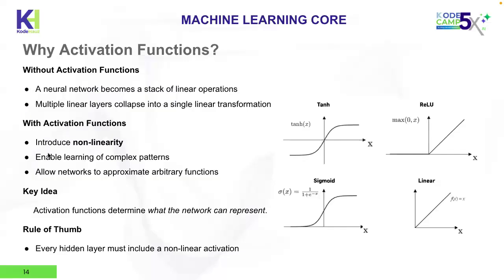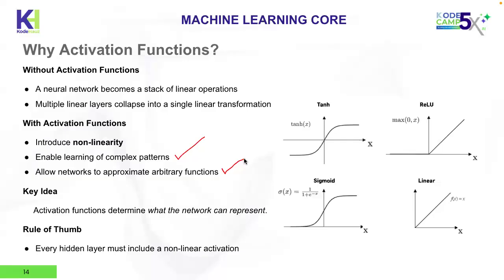But when you have activation functions, the activation function itself introduces a non-linearity, and that non-linearity allows you, when you combine multiple neurons, to have a non-linear function approximator. And with that, it is able to learn and predict complex patterns, right?